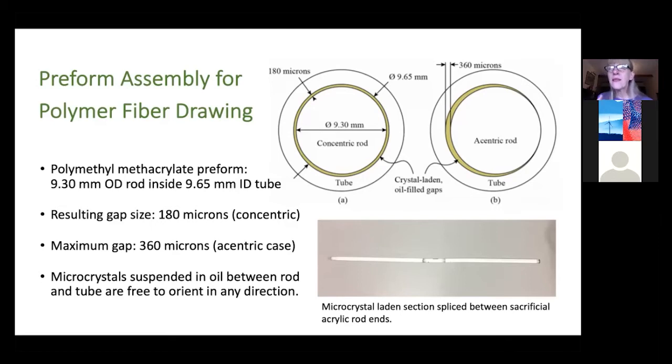That means that they are free to orient in any way as they are suspended in this oil. So they do not possess any significant alignment in the preform that's going to be drawn into fiber.